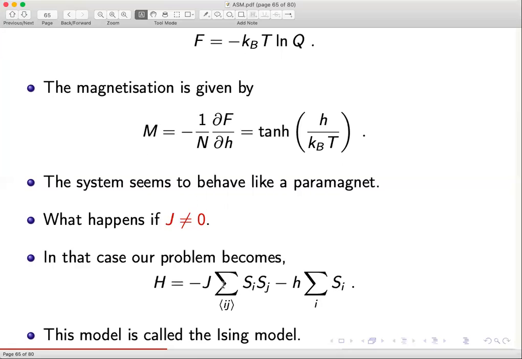If you take J positive with the minus J Si Sj piece, you get a state which is called ferromagnetic. On the other hand, with the same Hamiltonian, if you choose J to be negative, it gives what is called an antiferromagnetic state, which is also an interesting system.